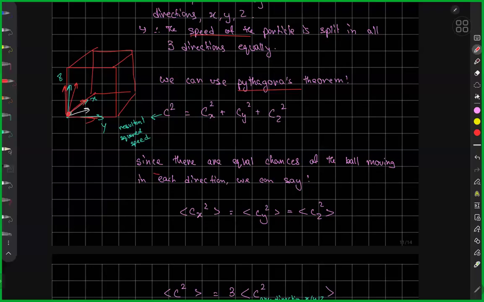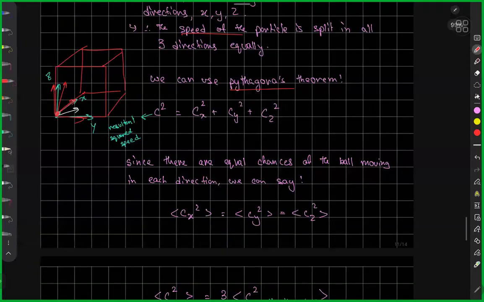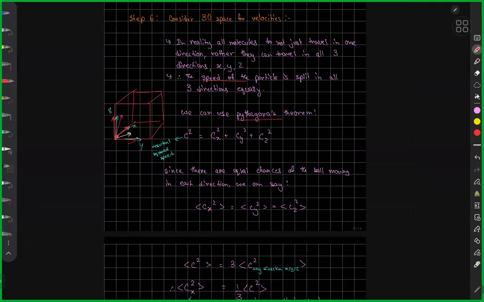No worries. So ultimately, I can say that if I take a random particle over here, its speed is comprised of an x component, y component, and z component, right?